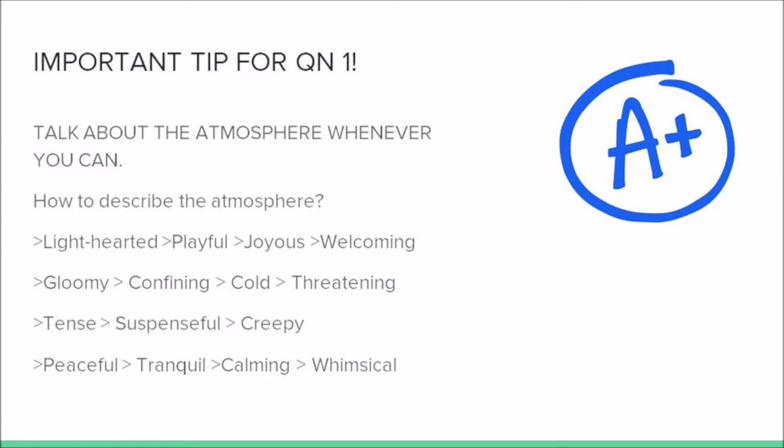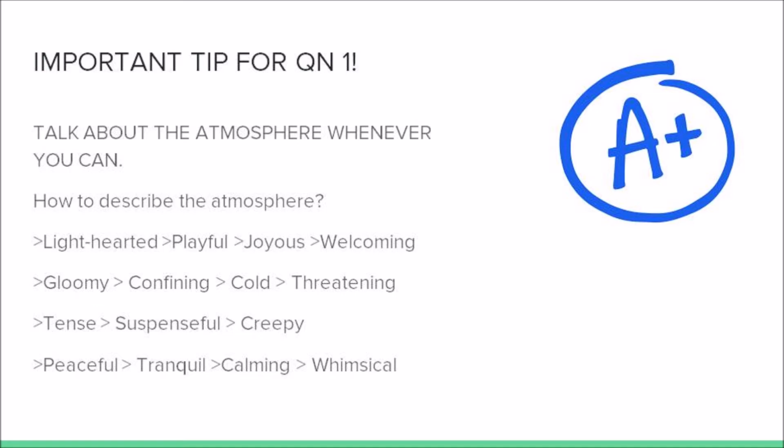So always listen and then be able to say things like, oh, I feel that they are very joyful because the atmosphere seems to be very light-hearted, playful, joyous. If you feel that the atmosphere is a little bit dark, somber, like maybe people looking very serious, you can use words like gloomy, cold, even threatening, tense, suspenseful.